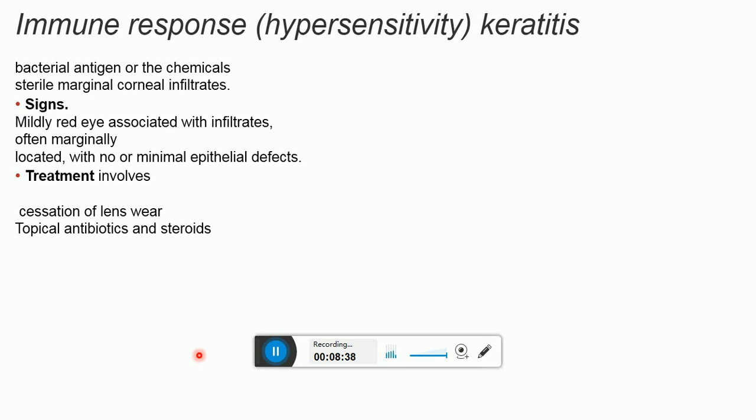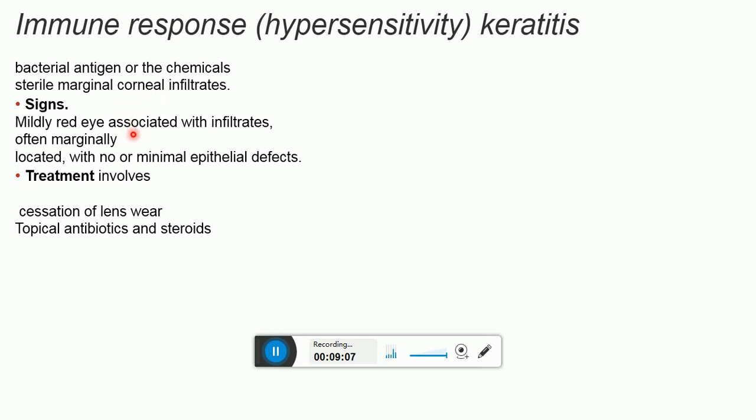Another complication is immune response keratitis, also known as hypersensitivity keratitis. The hypersensitivity response is due to bacterial antigen or chemicals used with the lens and can lead to development of sterile marginal corneal infiltrates. The mechanism is thought to be similar to marginal keratitis.